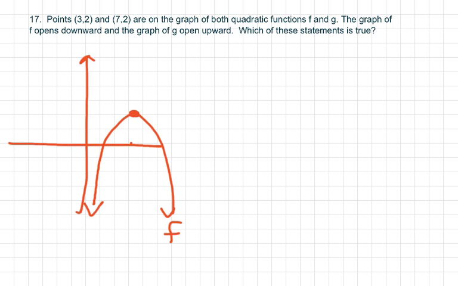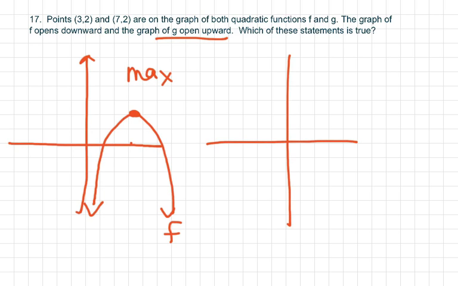That means it has a maximum. And the graph of g opens up. So g, like 7, 2, opens up. So basically, this has a minimum.